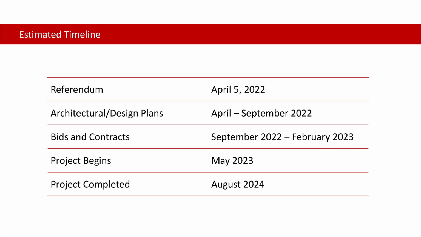And then we would begin the project where we can while school is still going in April, May of 2023. We would work through the rest of that school year on in through the summer of 2024 and be wrapped up in the summer of 2024. That would be the timeline for the project moving forward.